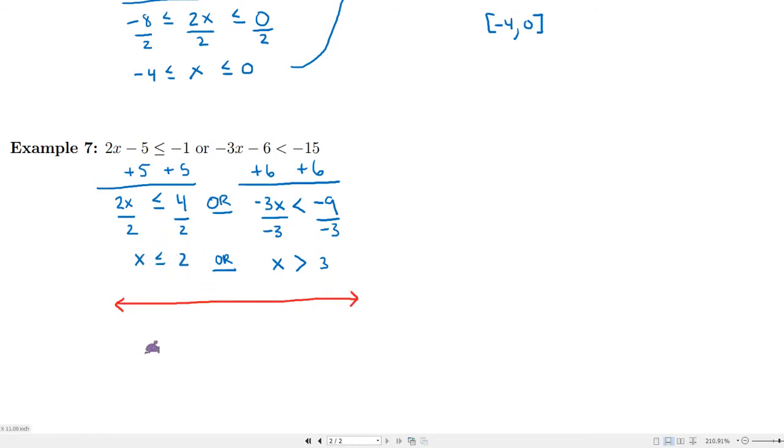So let's graph that one. So x is less than or equal to 2, right? So x is less than or equal to 2. So that would be this region here.